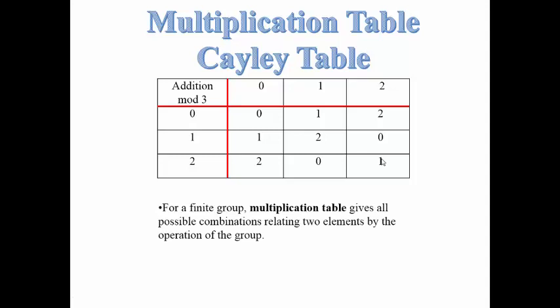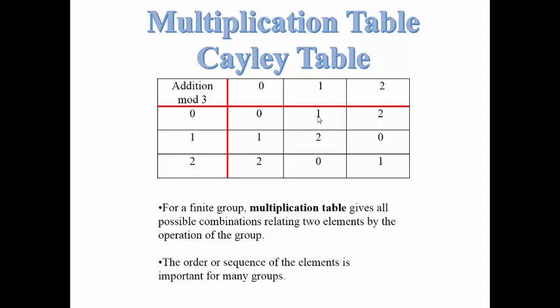So for a finite group, the table gives all the possible combinations relating two elements by the operation of the group. You take any two elements, 0 and 1, so we relate 0 operation 1 and we get 1. This is a way of displaying the relationship between the various elements.